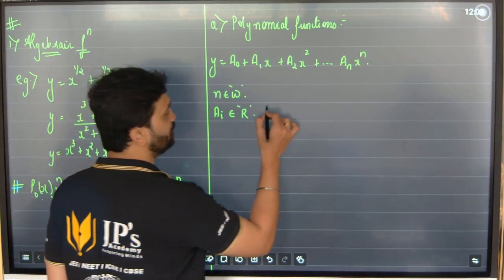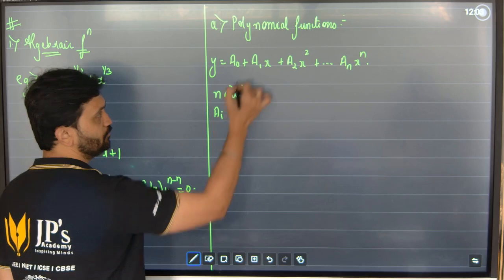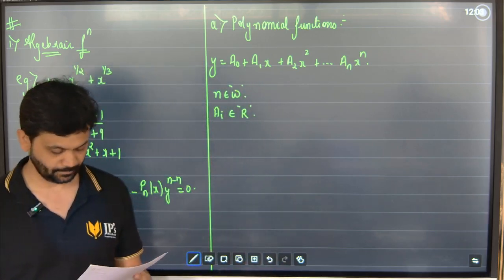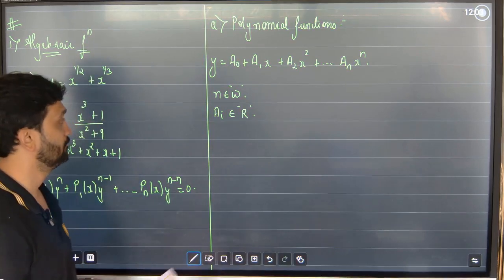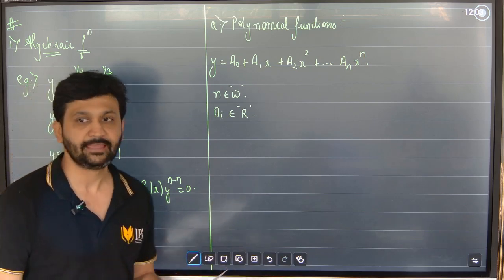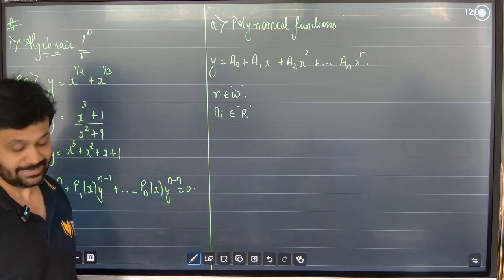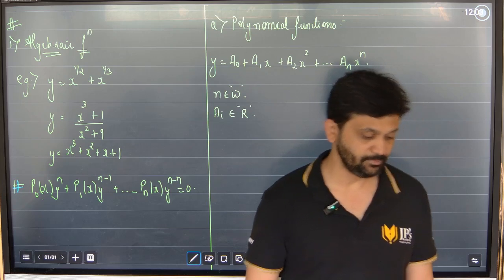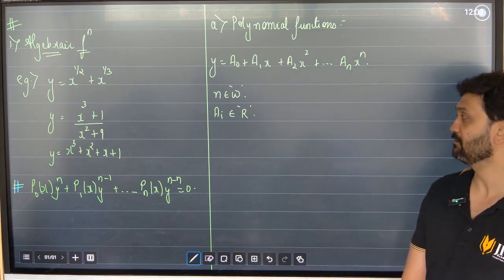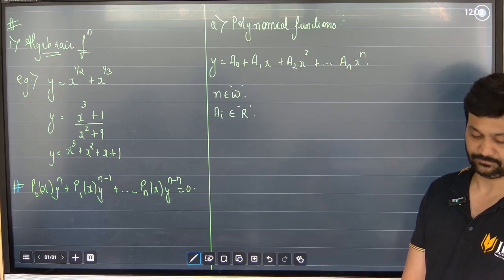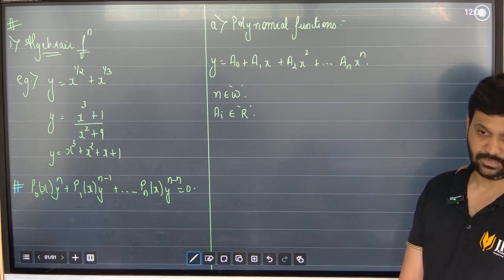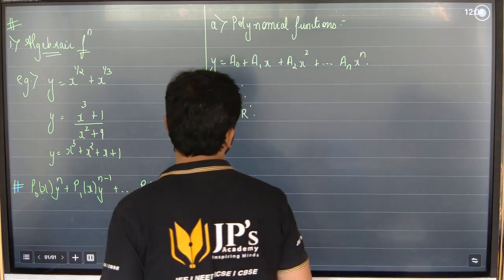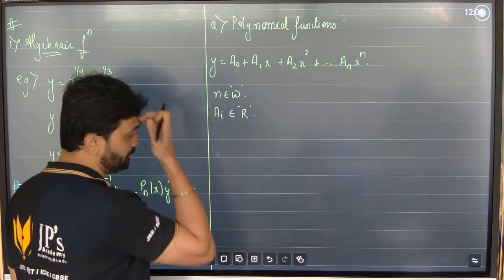So basically it will be a real number. So i will go from 0, 1, 2, 3, 4 up till n. Where n belongs to whole numbers and ai belongs to R is called a real polynomial.